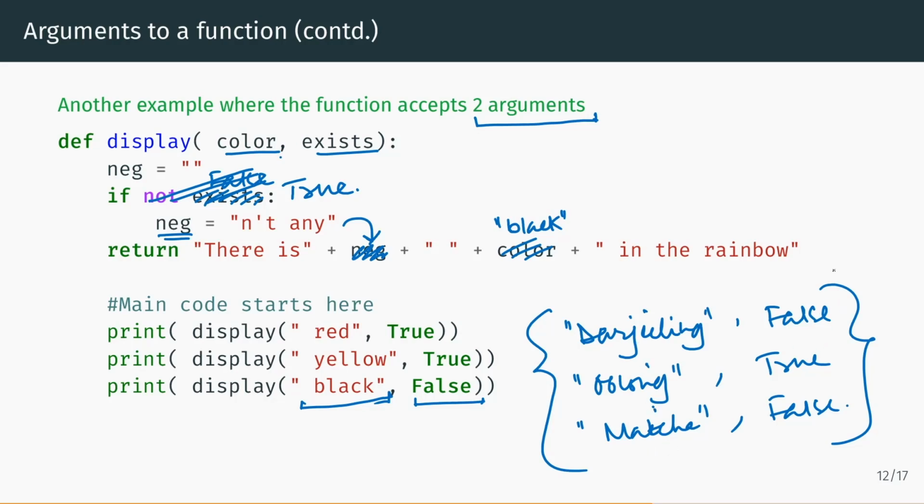Now, with just the addition of one more argument, you have 6 types of teas because you have Darjeeling with sugar or without sugar, oolong with sugar, without sugar, matcha with sugar, without sugar, right? So the more arguments you have, the more your function can achieve. That's one way of putting it. Or the more variations your function, your recipe can take, right?